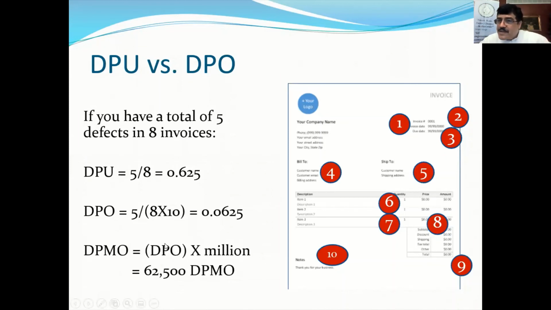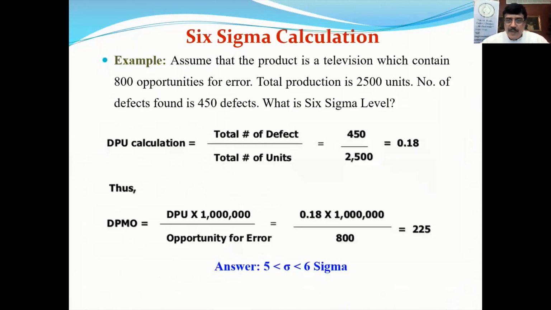How do we convert this to sigma? It's very easy. There is a table. You just go and convert, using the same analysis. Let's take this example. Let's assume that the product is a television.